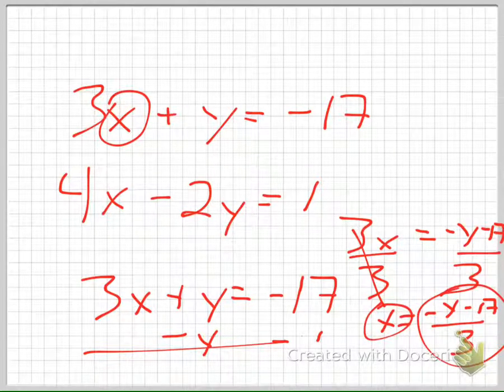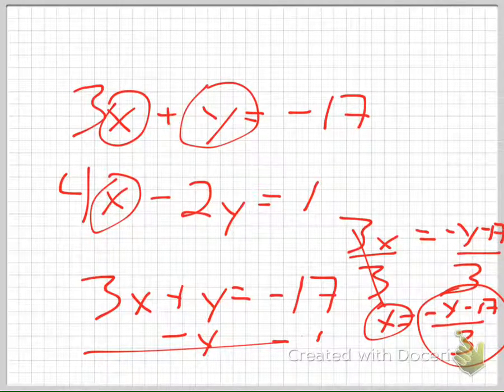And now I'm going to substitute that ugly thing into where x is here. Ew, I don't want to substitute that big mess, right? I only would use substitution if there's a variable that's alone. That's the only time you would use substitution. Make sense? And you choose the one.